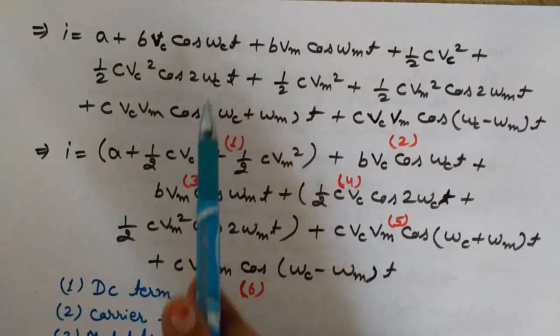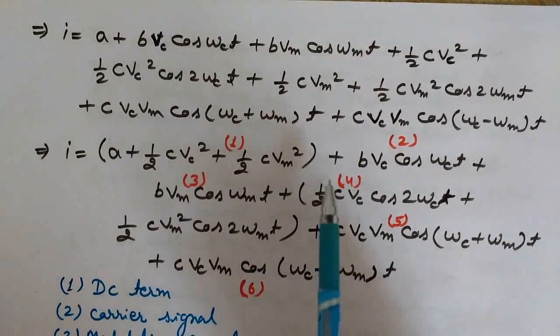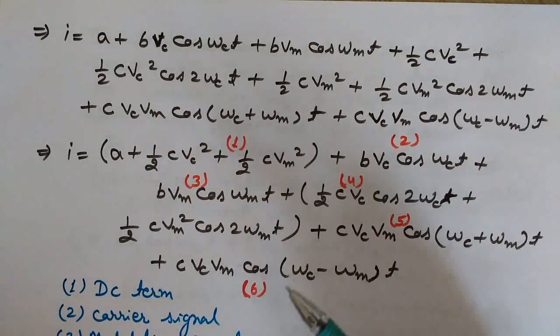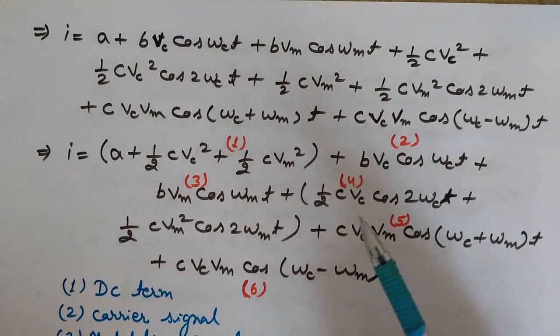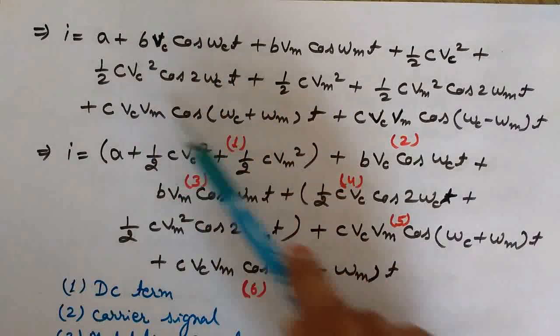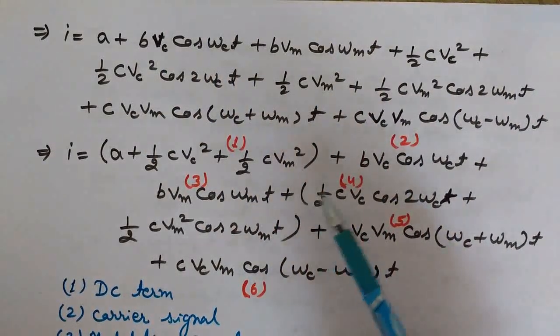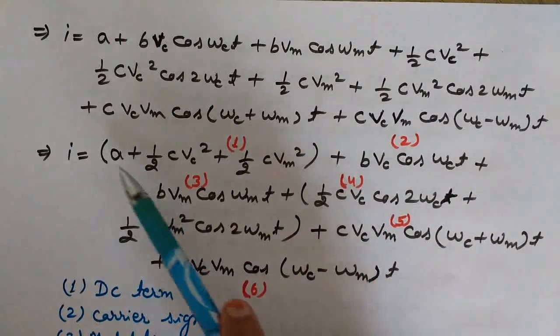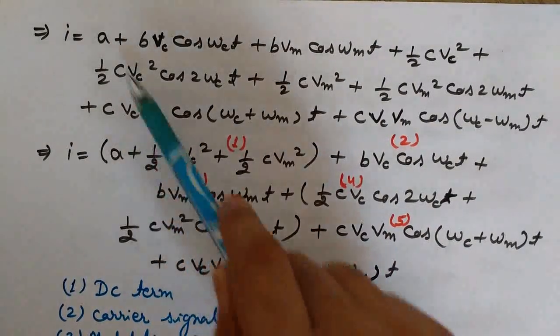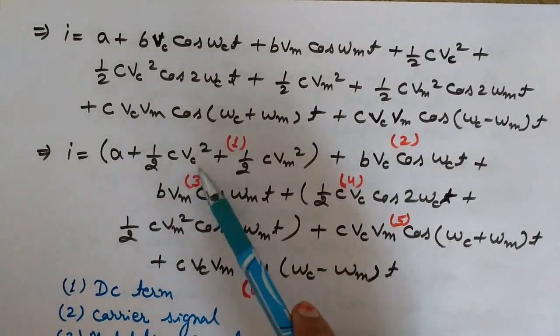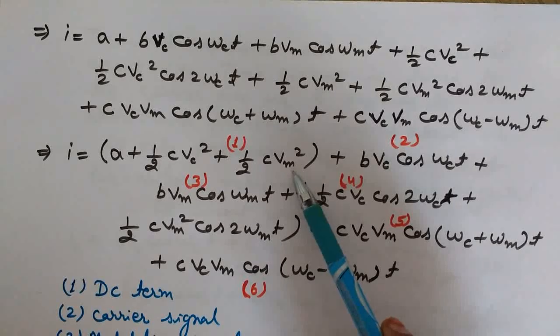After this, we are just combining these terms, as we want to separate the DC term, carrier signal, and modulating signal. This is a large expression, and as per the frequency, we are combining the same expressions. We are taking some terms from this big expression: half cvc square and half cvm square.